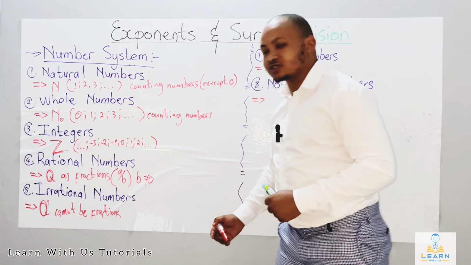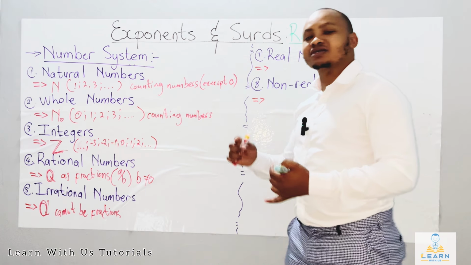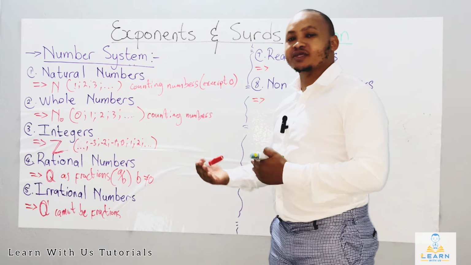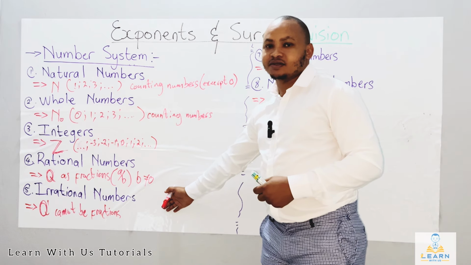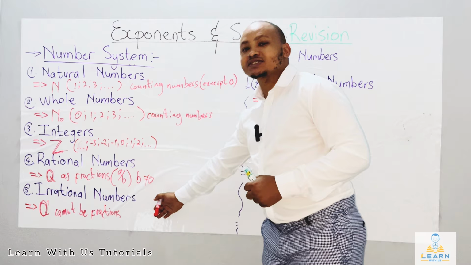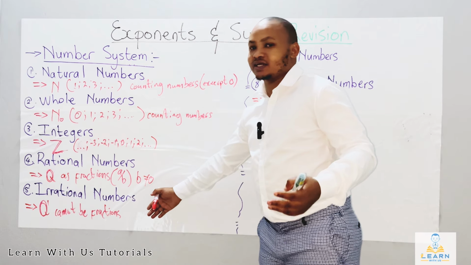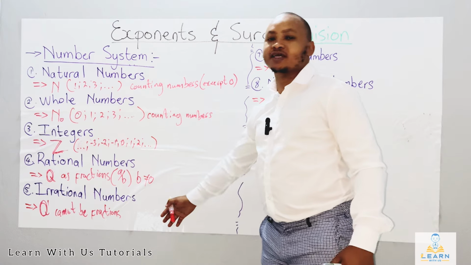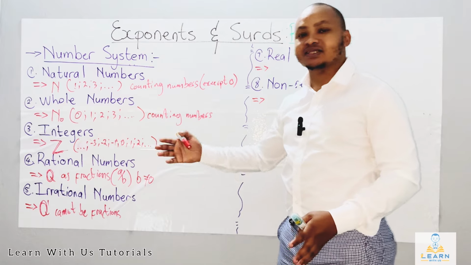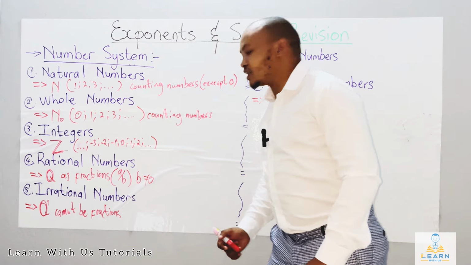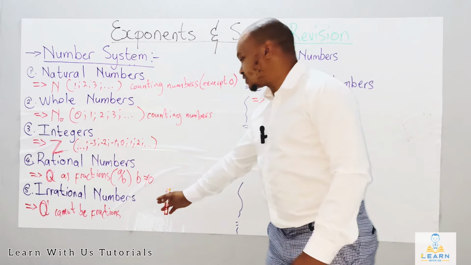And then with irrational numbers, they carry on and on as decimals. All right, and they do not terminate. That's what it means basically. And also they do not recur. So you can never find 0.333, right, as an irrational number. They do not recur.